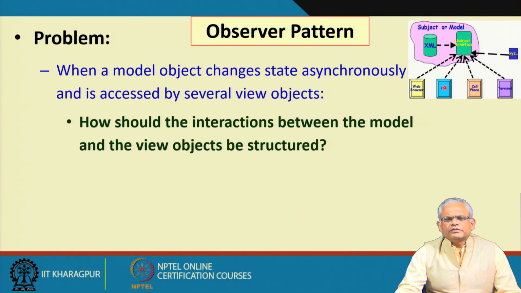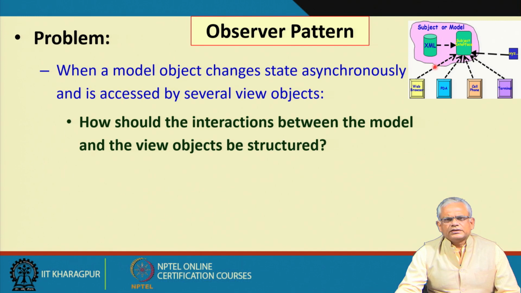If the number of observers is fixed, like let us say there are only 2 terminals on a computer and the changes need to be shown on the computer, then possibly the model object can show the changes directly, because these are directly coupled, and they just need to invoke the method on those.